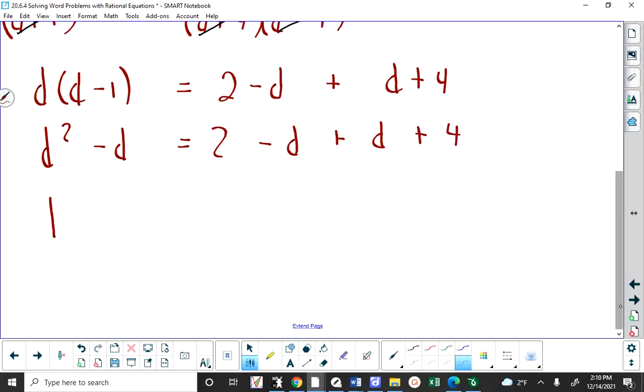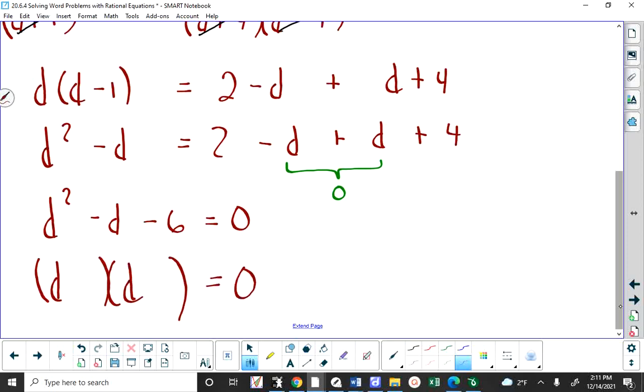So it is quadratic. I zero the equation by, wow, this is nothing here, right? That's 0d. And then I have 2 plus 4, which is 6. So I have my minus d over here, and then I have minus 6 is equal to 0. We're in the home stretch.